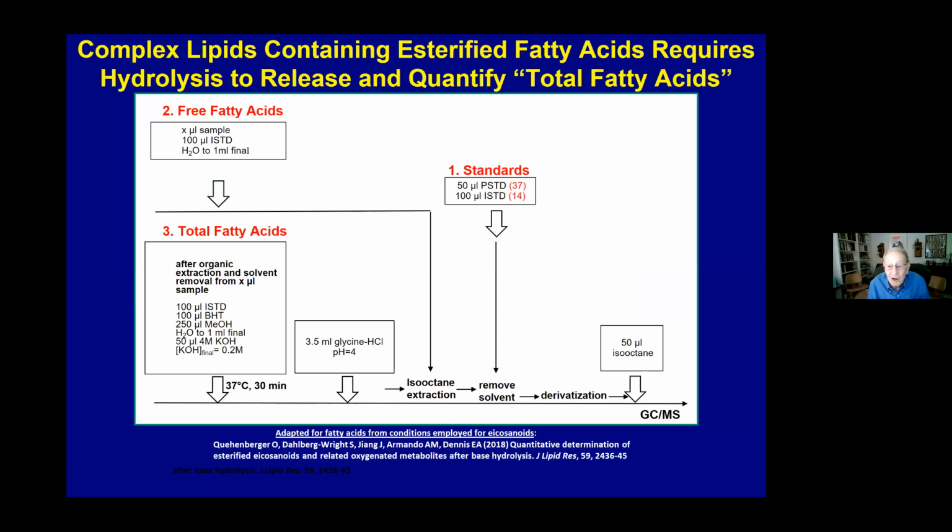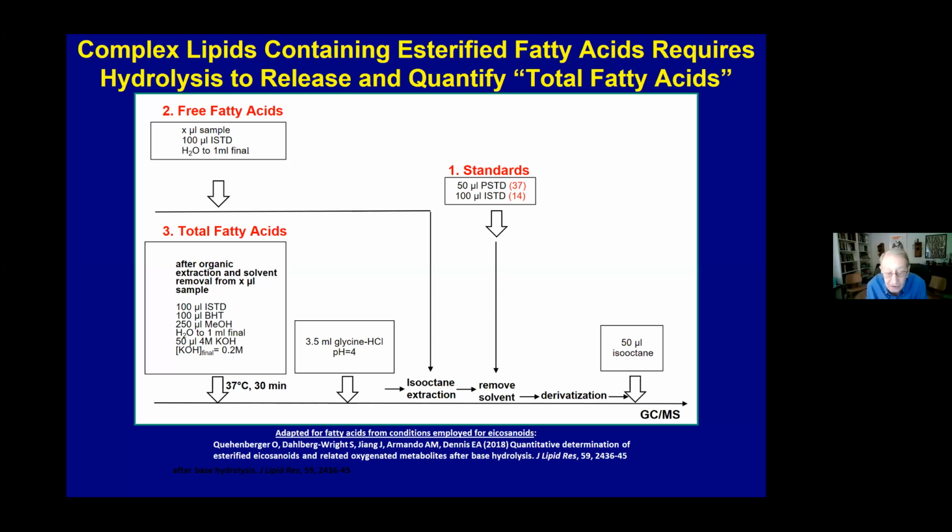So to summarize what I've presented about fatty acid analysis, we use in our lab the following protocol. The first thing we do every time we're going to run the GC mass spec is do a standard curve. We have a mix of 37 primary standards.